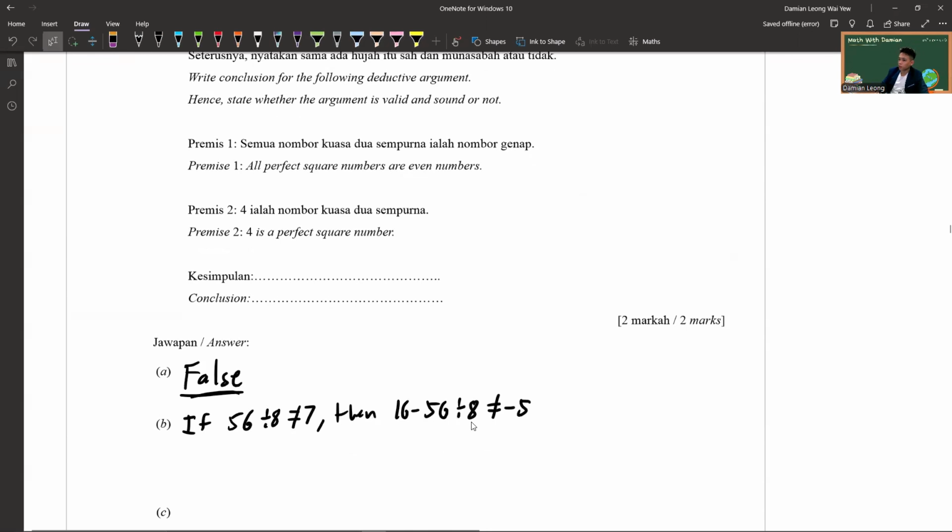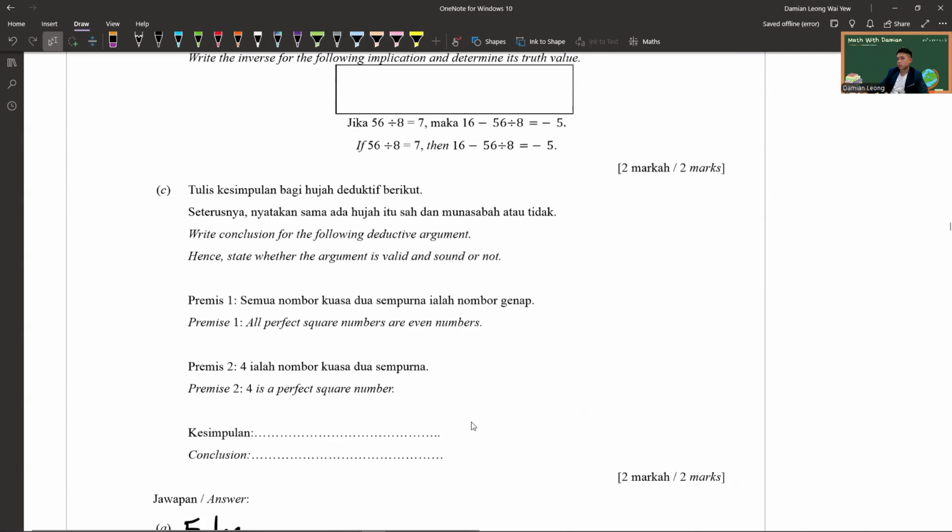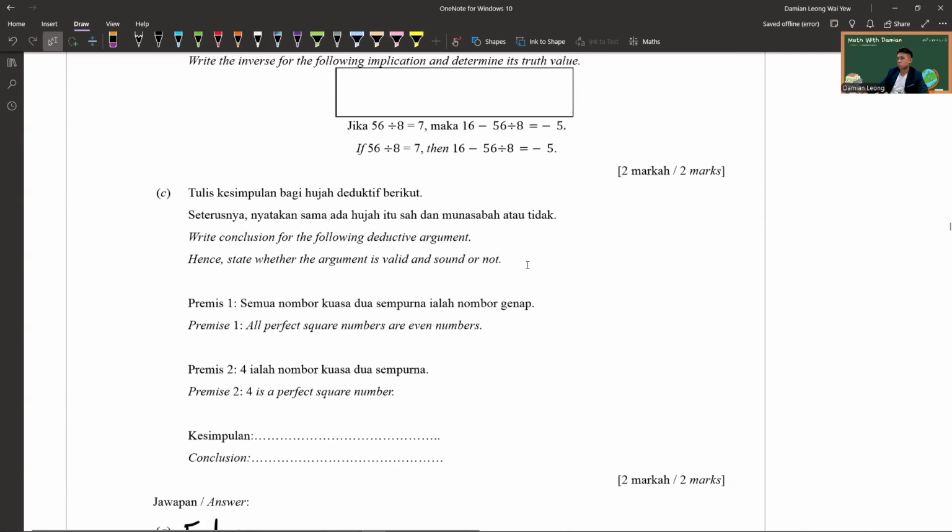Wait. 56 divided by 8 is 7. This is correct. 16 minus 7 is not negative 5.